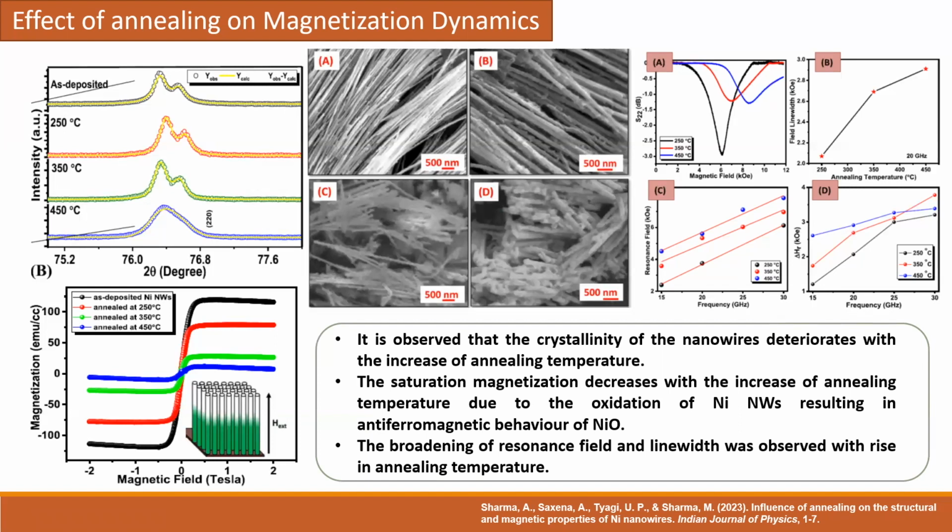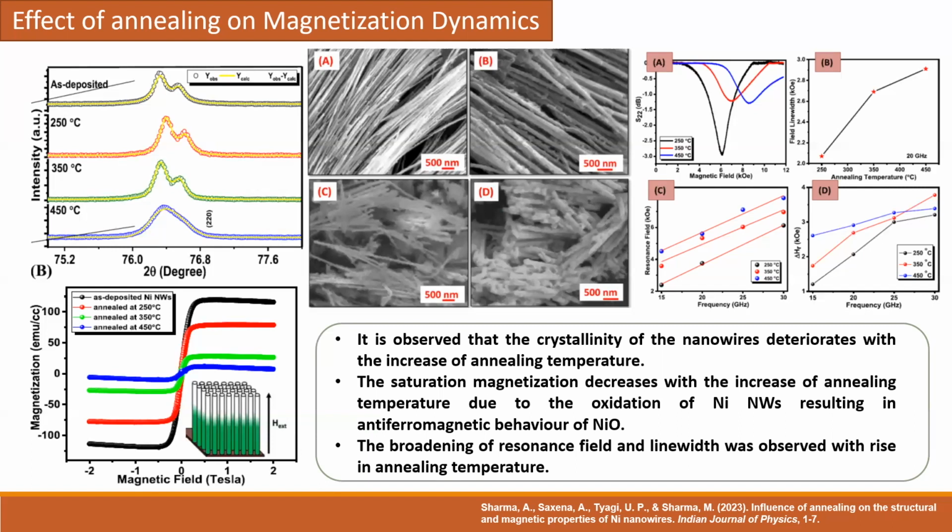So it is observed that the crystallinity of the nanowires deteriorates with the increase of annealing temperature. The saturation magnetization decreases with the increase of annealing temperature due to the oxidation of nickel nanowires, resulting in antiferromagnetic behavior of nickel oxide.